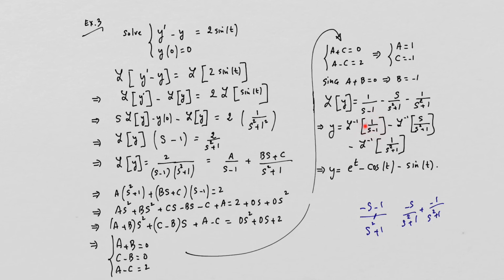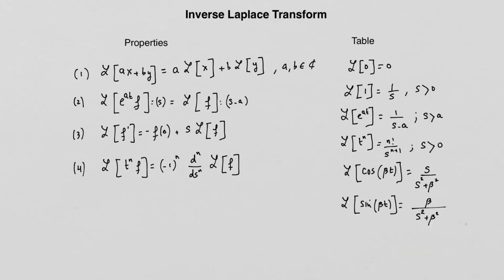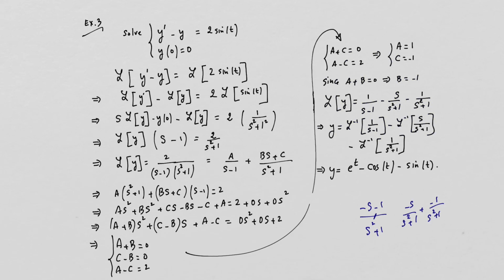That is an e to the t, because a is 1, so e to the 1t, minus, now that is definitely a cosine, so the cosine of beta t is s over s squared plus beta squared, so I get the negative cosine of t, and this one is negative sine of t.